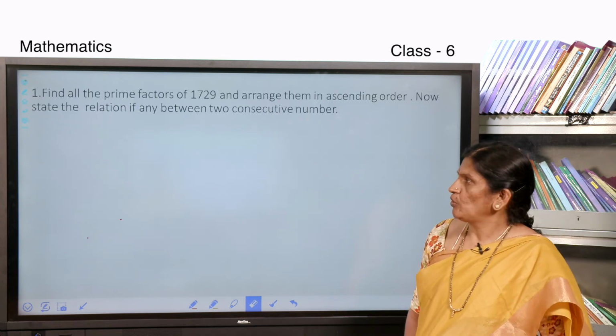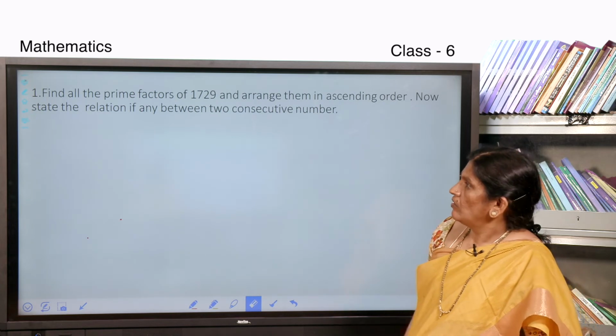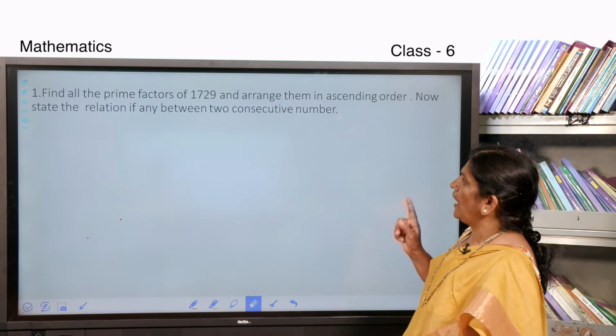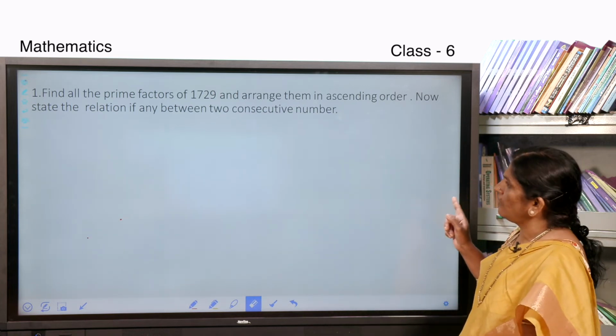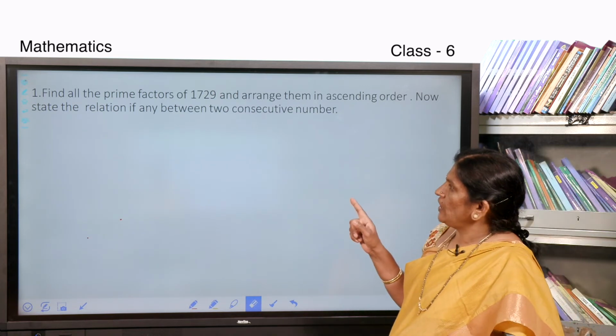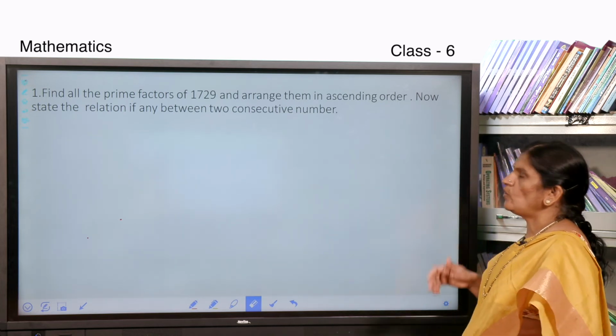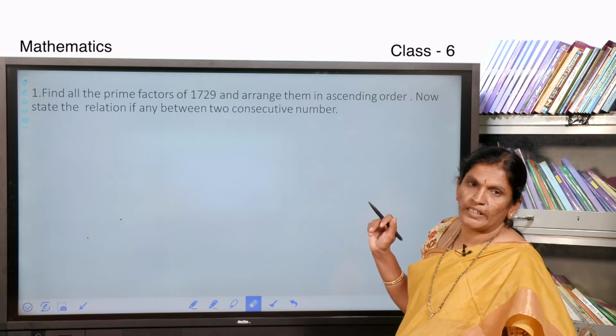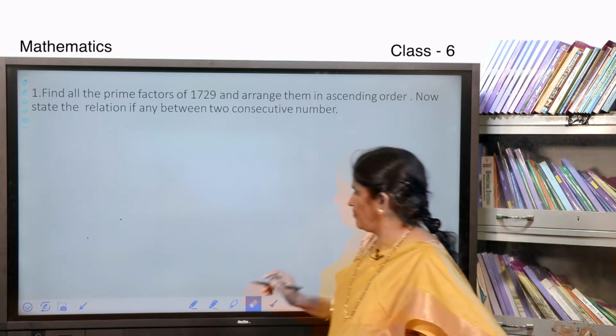Now, come to word problems. Find all the prime factors of 1729 and arrange them in ascending order. Now, state the relation, if any, between two consecutive numbers. First, let us find prime factors of 1729.